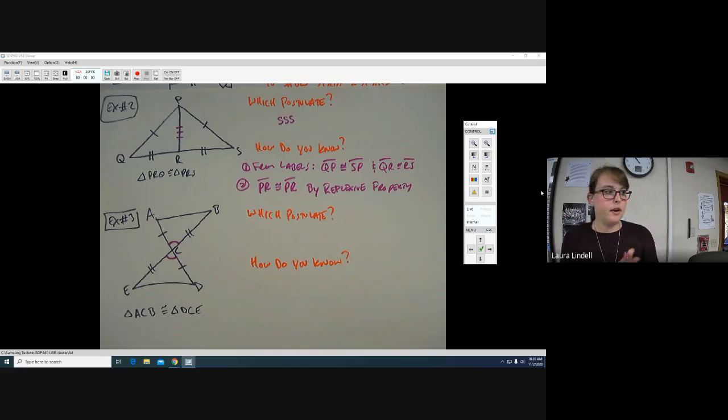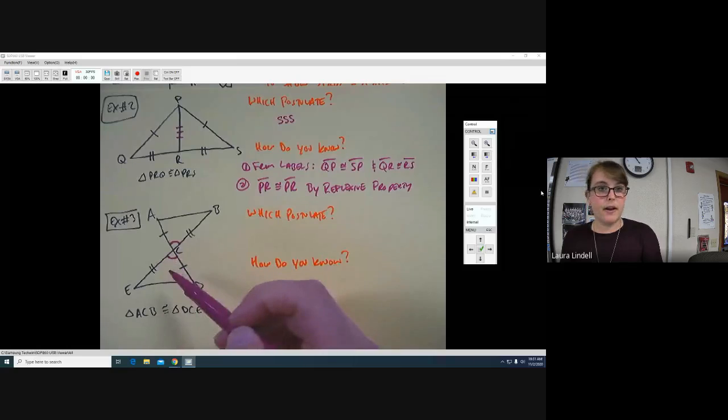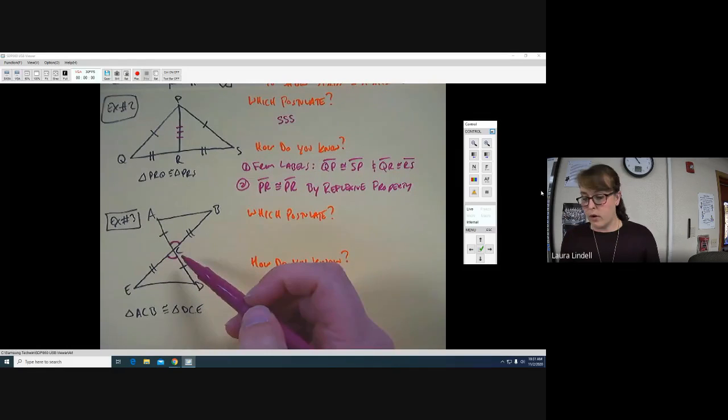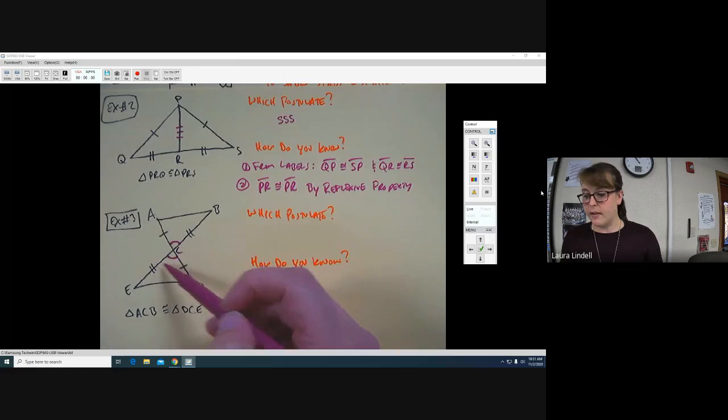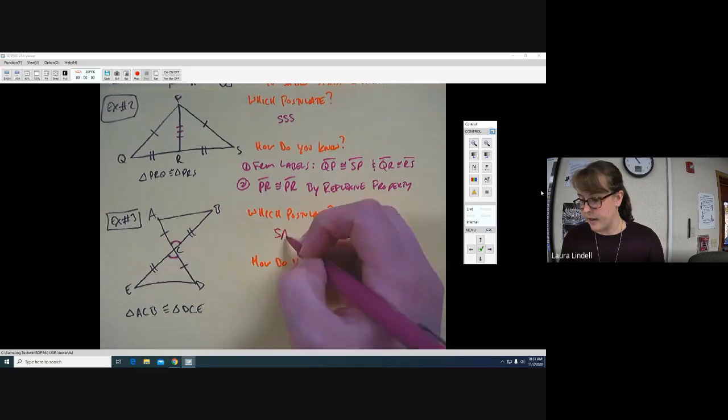All right, yes, we are going to use SAS here. Pretty much right now, anytime you see an angle and two sides going on, we should be thinking SAS. You do want to make sure that it's the angle that's between the two sides for both triangles, that the angle is the included angle. But yeah, the postulate we are going to use here is SAS.